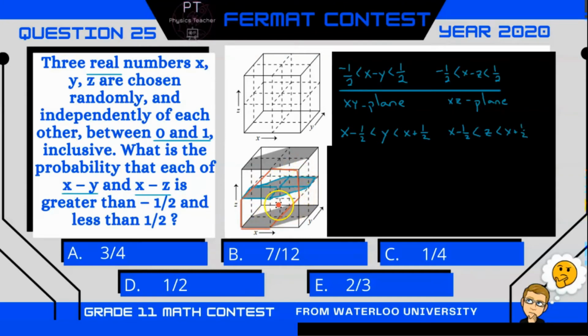So we have slices along the xy plane and slices along the xz plane. Inside of this cube, we have split it into 8 smaller cubes, each with length, width, and height equal to 1/2. Some of them are composed of the entire area that we're looking for, and some of them only have half the area that we're looking for.